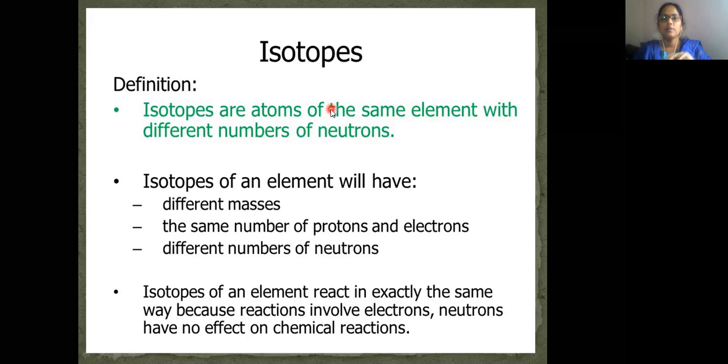This is because neutrons do not have any effect on the chemical reactions. These elements differ only in the number of neutrons. The neutrons are not involved in the chemical reaction, so it will not affect the reaction, and they are involved in the reactions exactly the same as the original element.